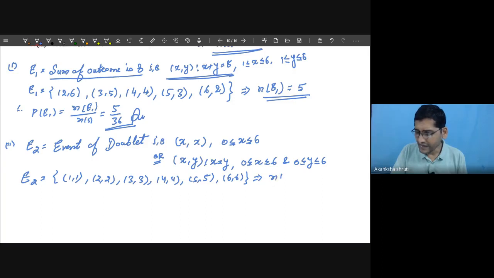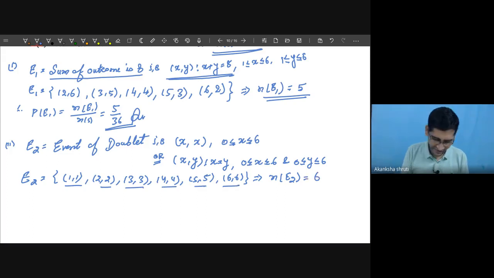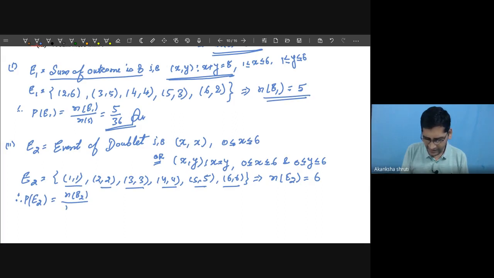So n(E2), count this, how many pairs? 1, 2, 3, 4, 5 and 6 pairs. So it is 6. Therefore, the probability of E2 is given by n(E2) by n(S), which is 6 by 36. Cancel the common factor. It becomes 1 by 6, the required answer.